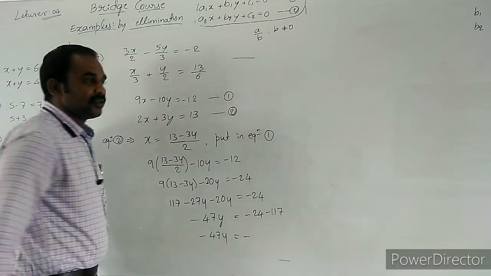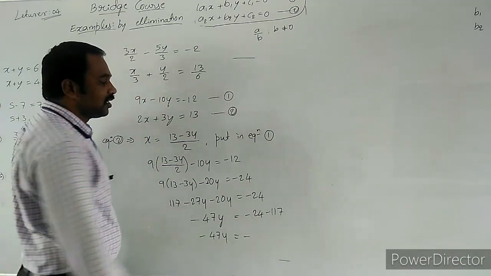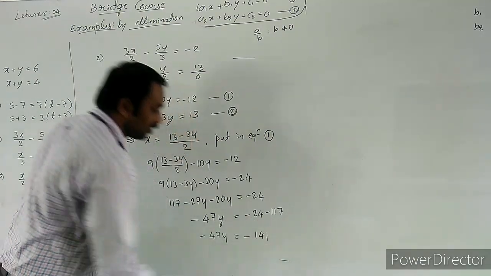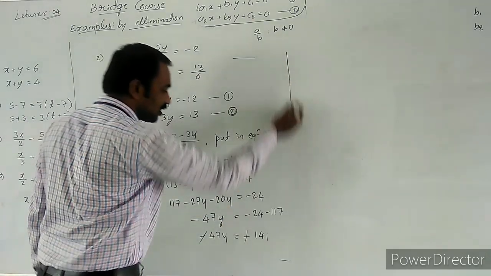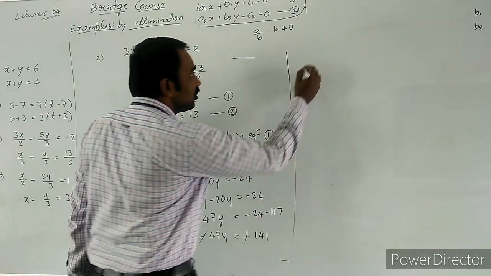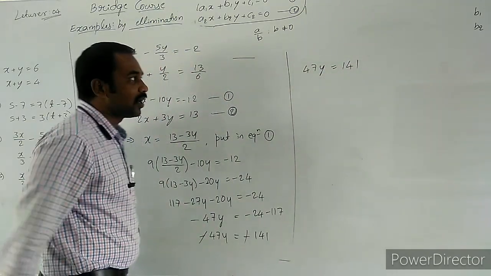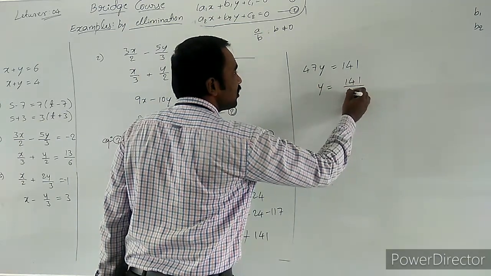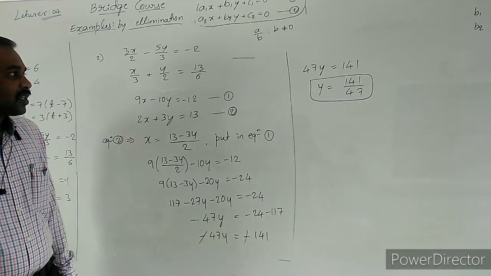Both have the same sign, so add: 117 plus 24 is 141, with the negative sign. The minus signs get cancelled. So 47y is equal to 141. Finally y is equal to 141 divided by 47. This is our y value.